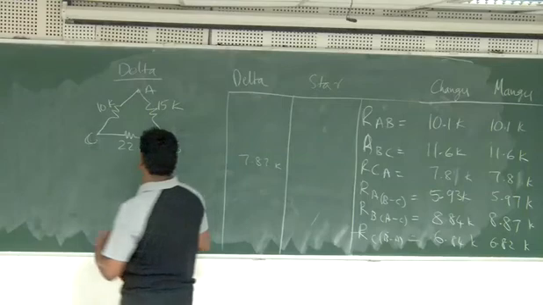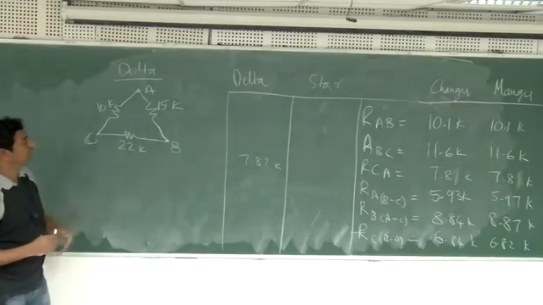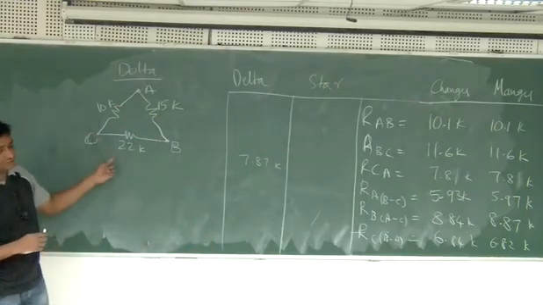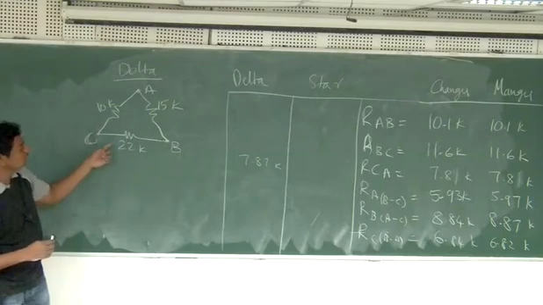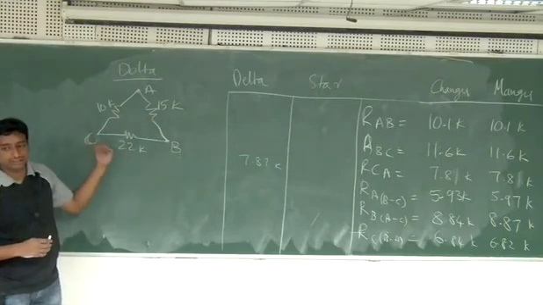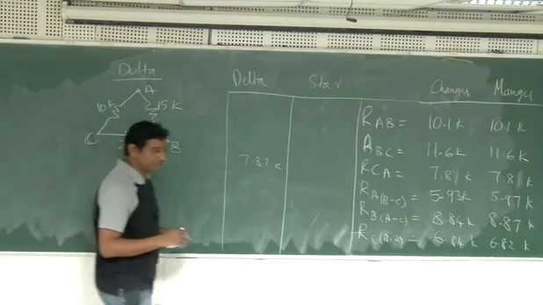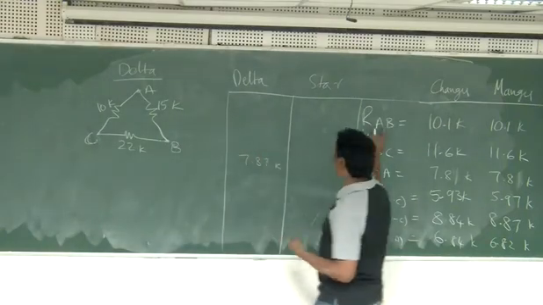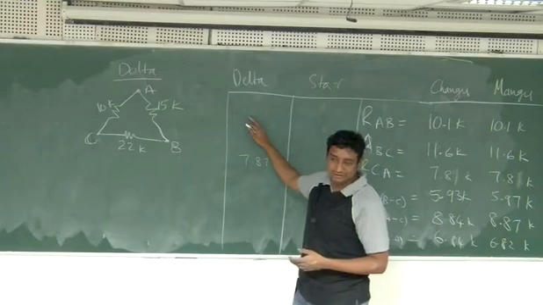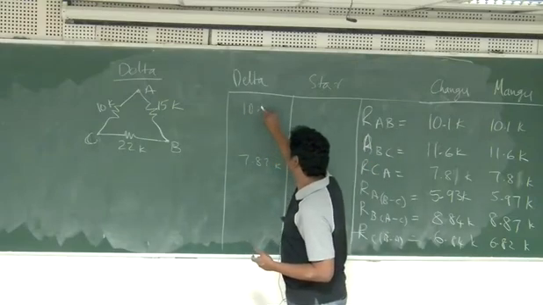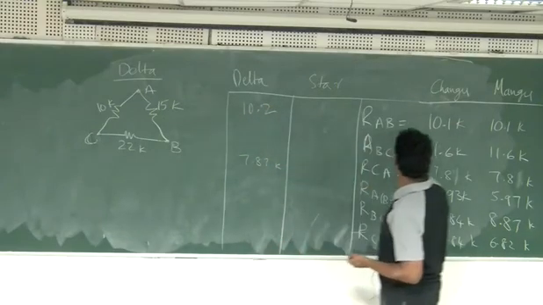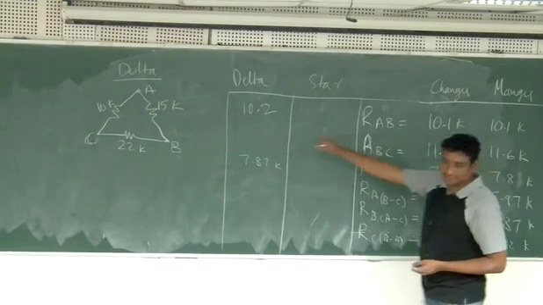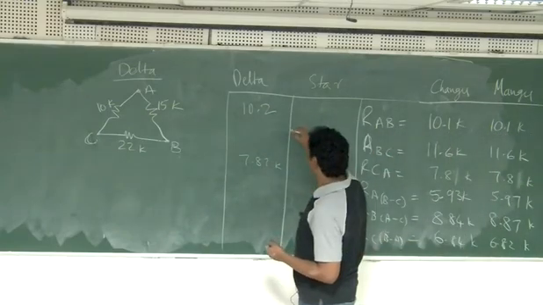So what is RAB? These two are in series, so 32 into 15 divided by 32 plus 15. How much is that? 10.2. So we got 10.1 here, 10.1 here, almost the same.